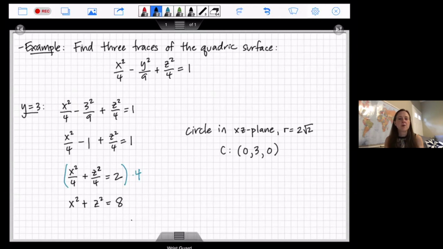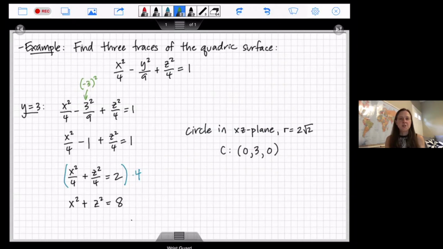Before we go back to graph it in GeoGebra, I want to notice that I would have gotten the exact same thing if I had plugged in -3. I still would have gotten 9 over 9. I still would have gotten that 1. So we'd get exactly the same circle as if I had plugged in 3 or -3.